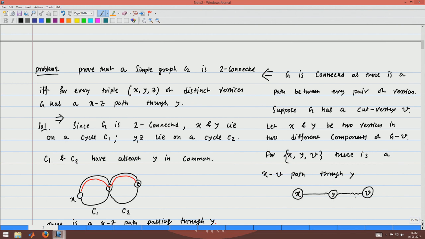So, this implies that even if you remove the vertex v from the graph, there is an xy path in G minus v.